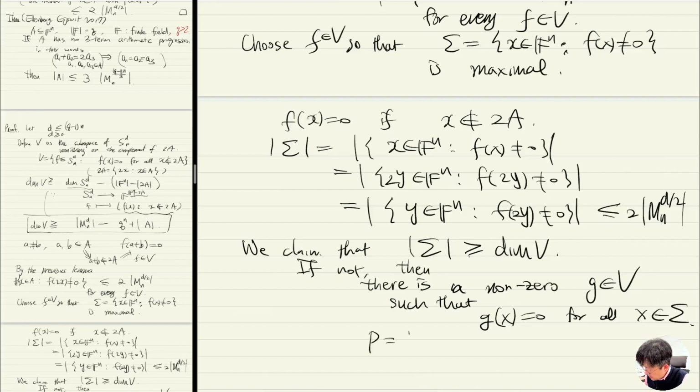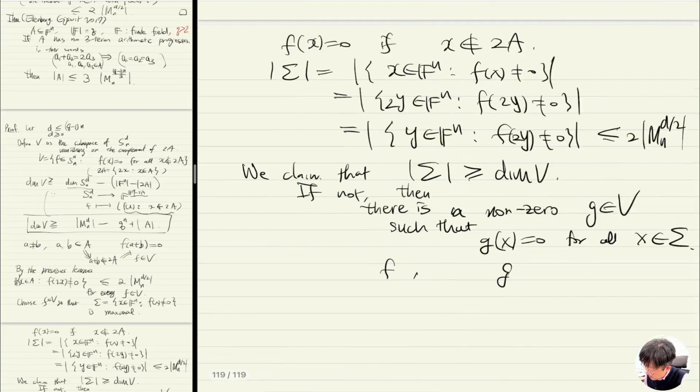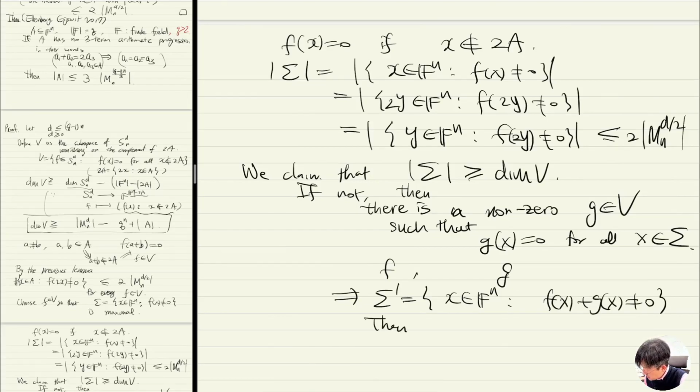Let sigma prime be the set of vectors where f of x plus g of x is non-zero. Then sigma prime is strictly bigger than sigma.